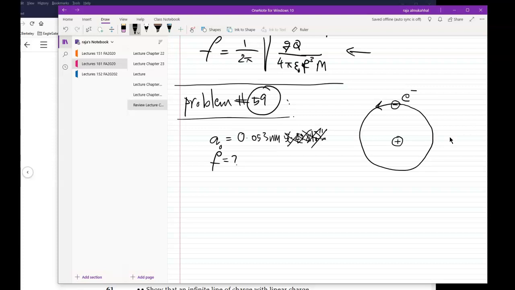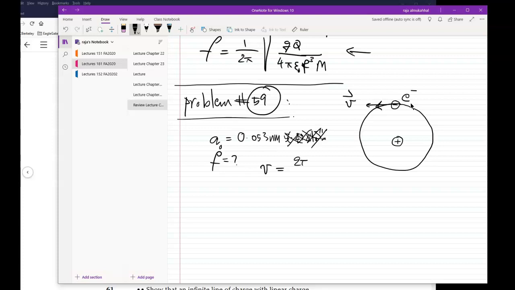As I said before, we know the velocity, remember this electron, it makes one cycle. The time it takes to complete one cycle is the period, right? So the velocity of it is the circumference of the orbit divided by the period, the time it takes to complete that circumference.